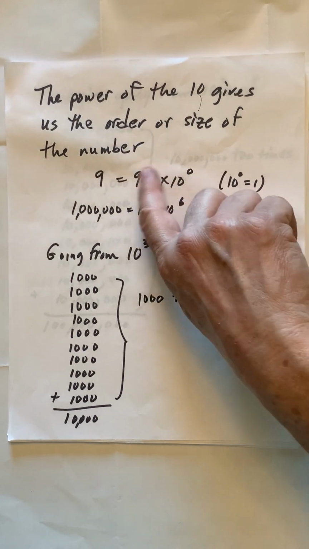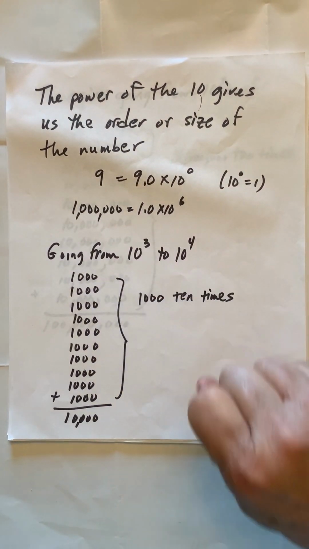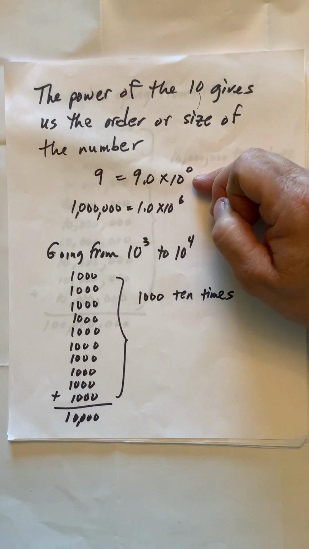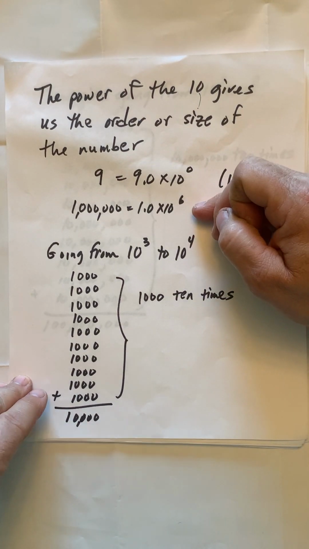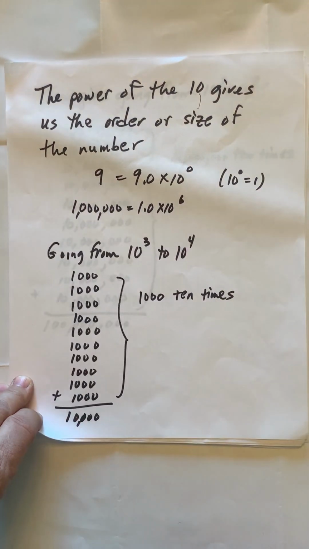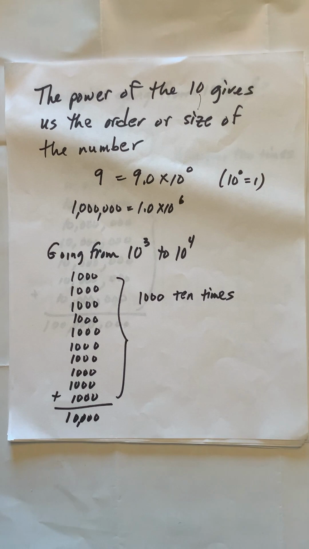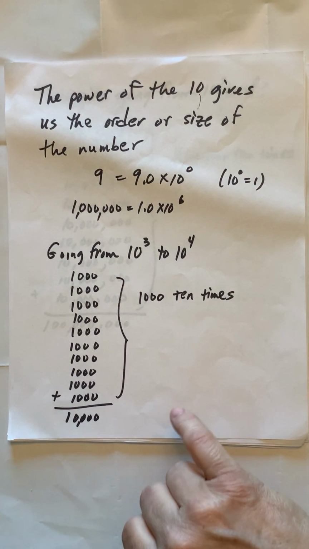So here the order of the number is 0 versus a million is 6. So you can see the order difference is 0 versus 6. And that's because there are 6 zeros here and there are no zeros there. Again, looking at the difference in the size of a number because of the difference in the power.